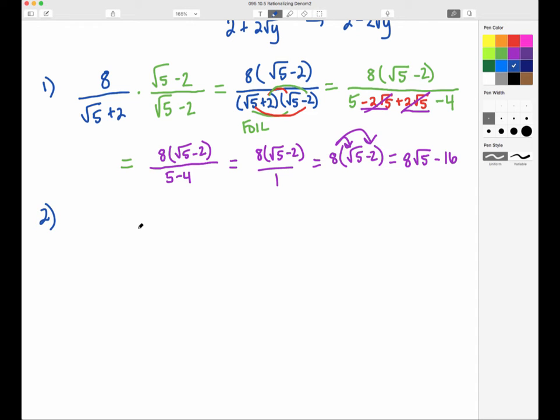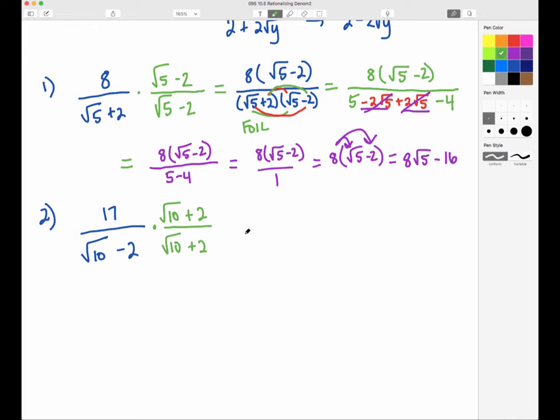All right, let's try a second problem. 17 divided by the square root of 10 minus 2. First step, we need to come up with our version of 1. I will use the conjugate of the denominator, so keep the same values, but switch the sign in the middle. So the square root of 10 minus 2 becomes the square root of 10 plus 2.